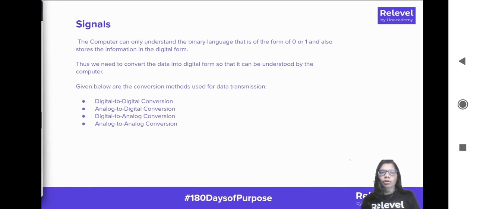Now, if we talk about your block encoding, to ensure the accuracy of the received data frame, redundant bits are used. For example, in even parity, one parity bit is added to make the count of ones in the frame even. This way, the original number of bits is increased and it is called block encoding.